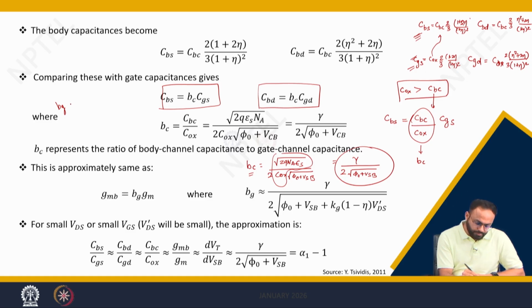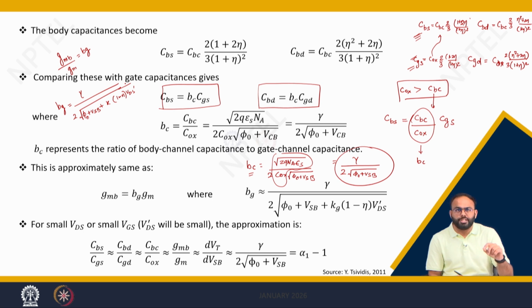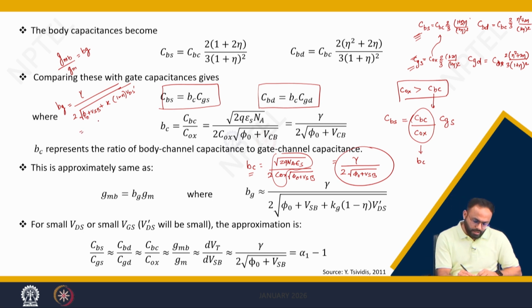BG was defined as GMB divided by GM, where we said that BG can be defined as gamma divided by 2 into square root of phi naught plus VSB plus some constant into 1 minus eta into VDS dash, and for small values of VGS and VDS, this is nothing but gamma divided by 2 into square root of phi naught plus VSB.